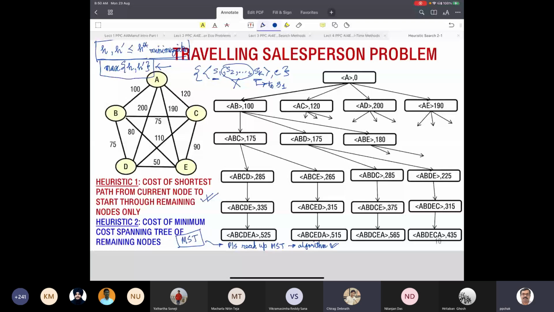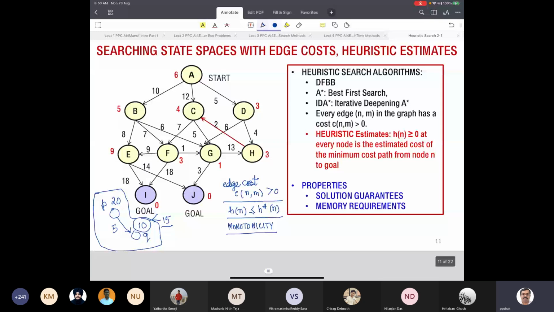Because I know that if all are underestimates, the one which is closer to the goal is better. Correct. So now use that argument here. I can make P 15 or I can make Q 15. Which one will I make? So then I will make Q 15, because that will make it more accurate to the goal.